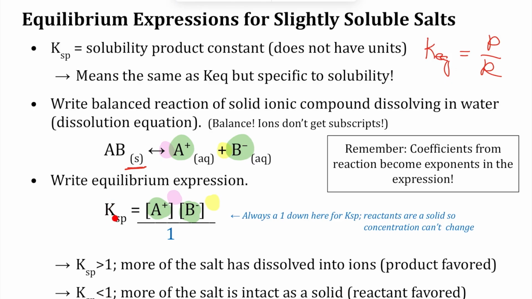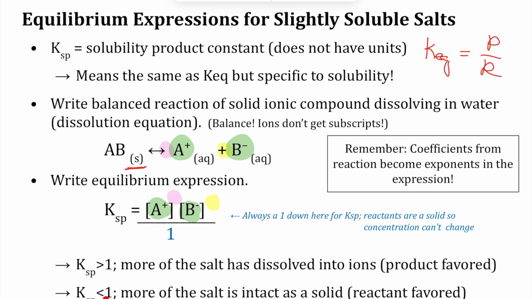And then what does this KSP tell us? Well, if our KSP is greater than 1, that means that we have a larger number in the numerator, meaning that our products are favored. And so that means that more salt has dissolved into ions because we have those favored products.